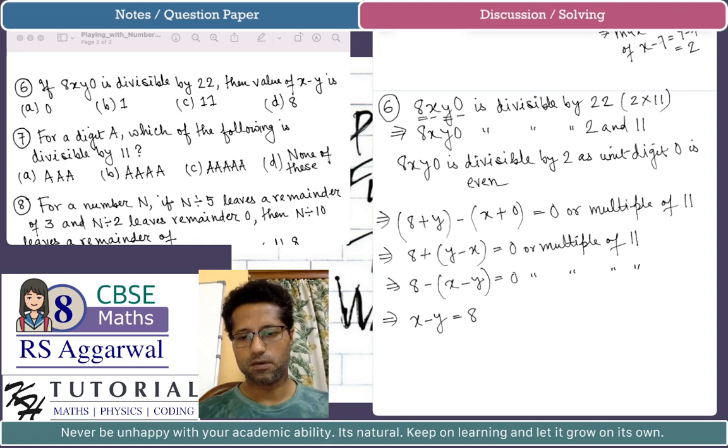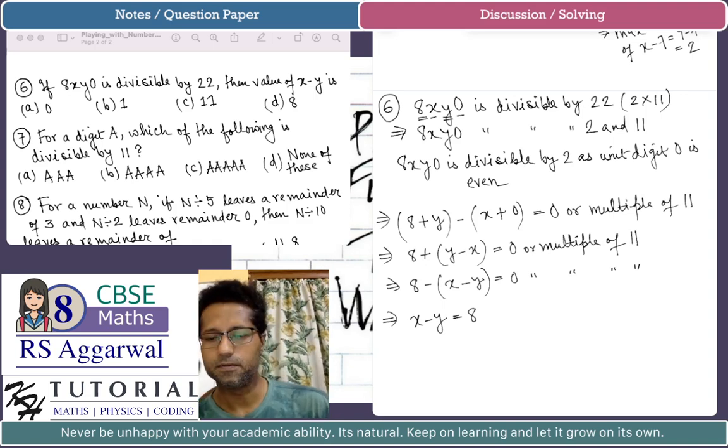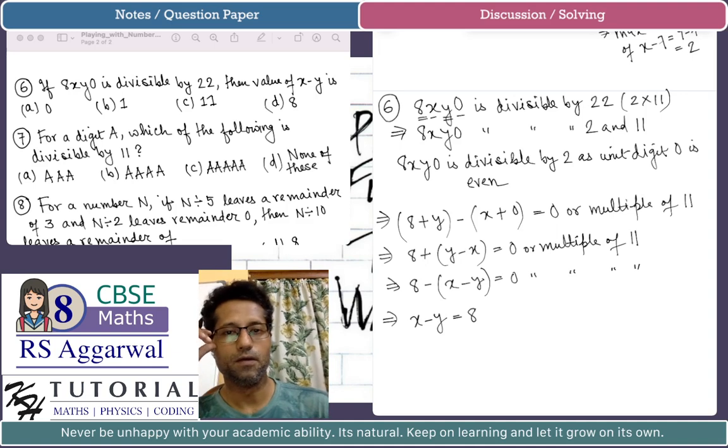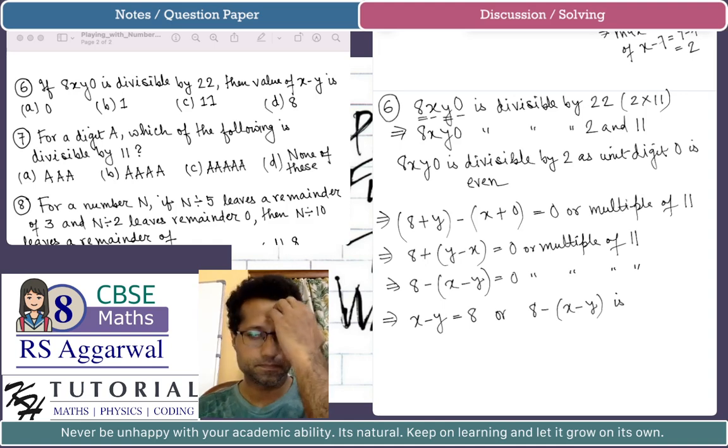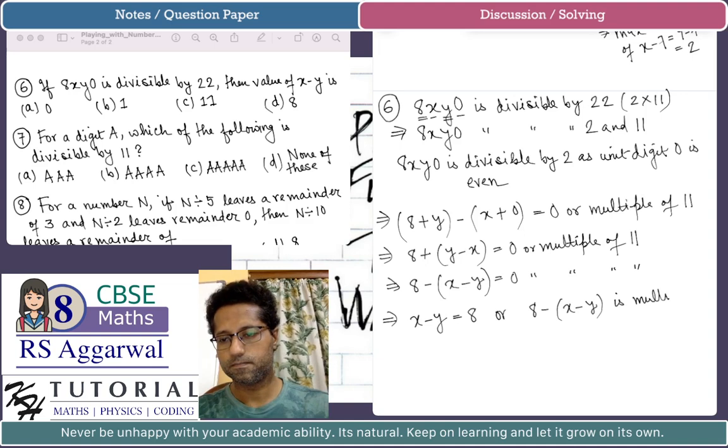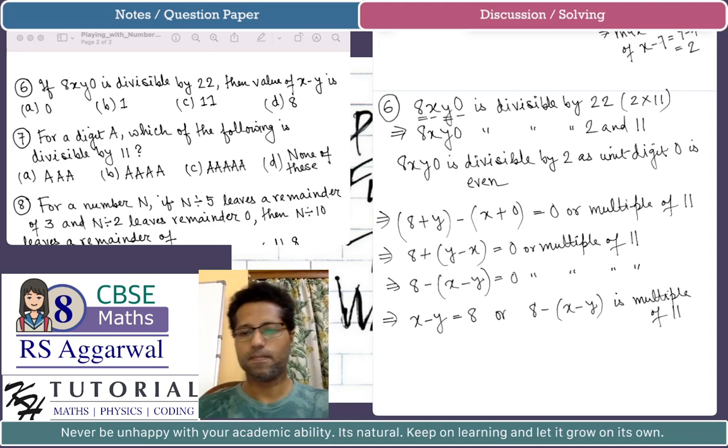So x minus y equal to 8 is one value that will make the given number divisible by 11.